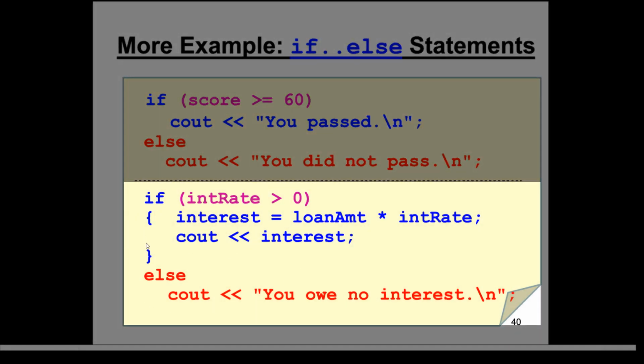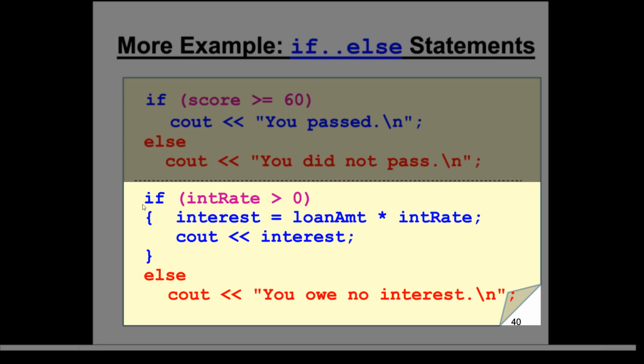And how about the second example? If int rate greater than 0, you want to do the calculation: interest equals loan amount times int rate. Cout interest. However, if interest rate is less than 0, meaning this is false, then we want to cout you owe no interest.